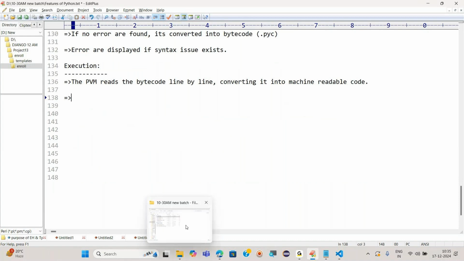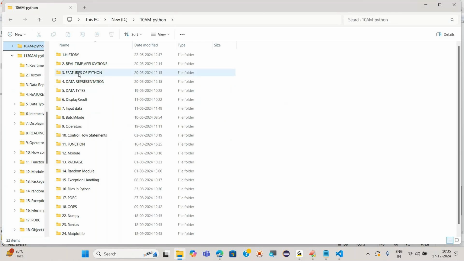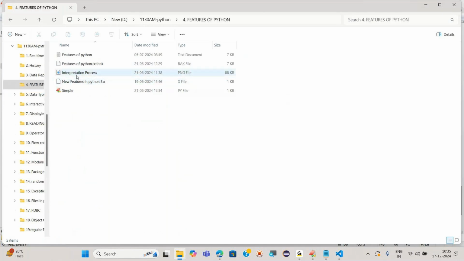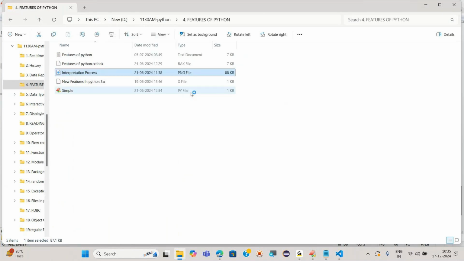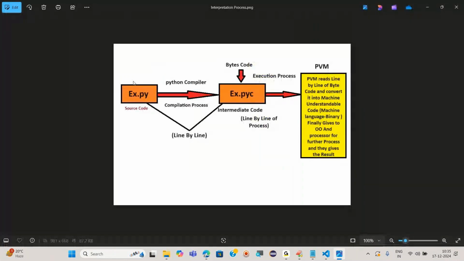So let me open that particular diagram. I can see here the source code is there. Okay, example.py is one of the source codes we have. That source code is coming to the compilation process, to the Python compiler.